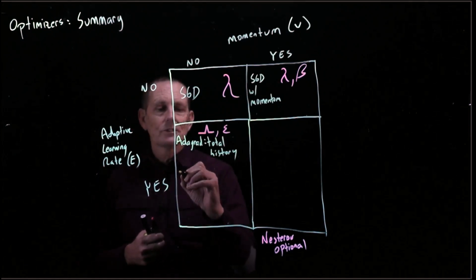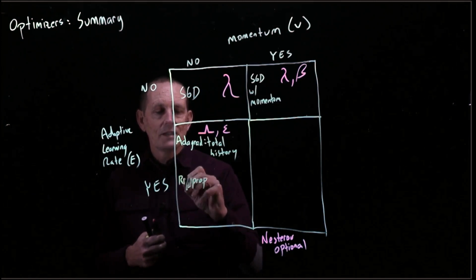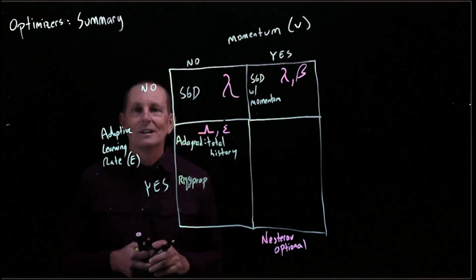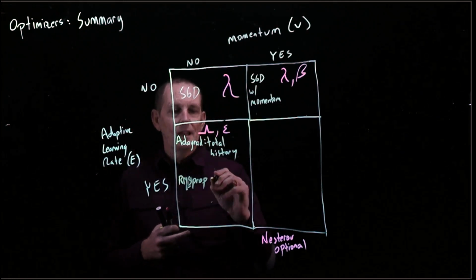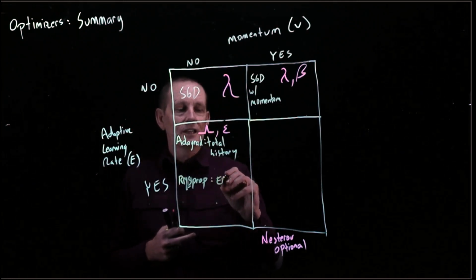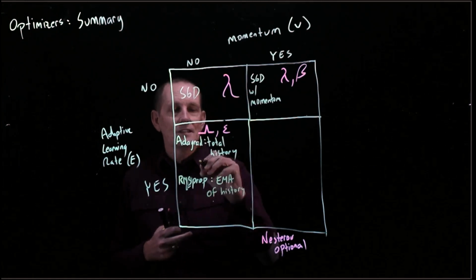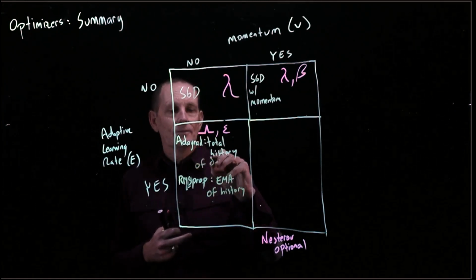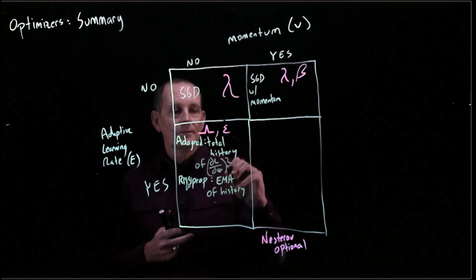Then we also looked at RMS prop, where normally the M and the S are capitalized to evoke the root mean squared error. Here we're using an exponential moving average of the history of the squared gradients.